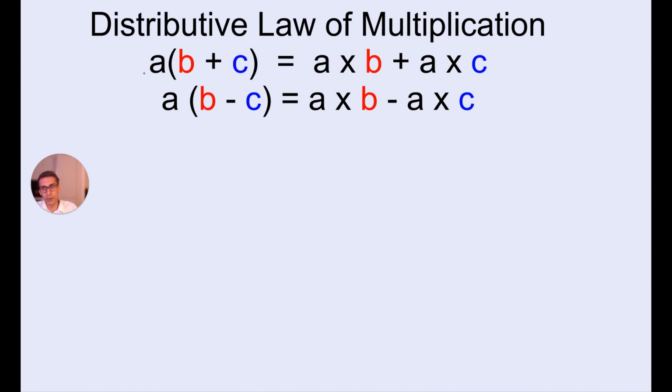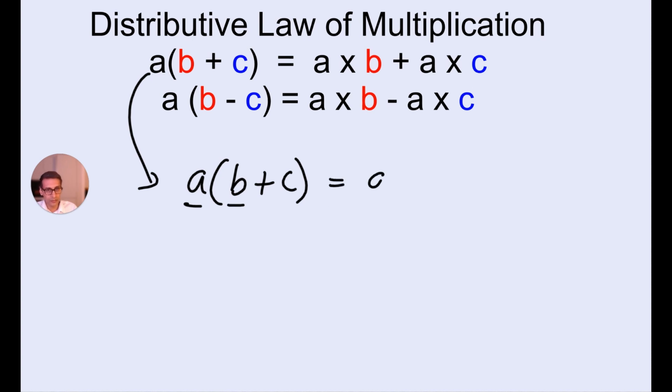And I'll give you an example here. a(b + c), as we can see there, is going to be a times b, and we can write that as ab, plus a times c, which is ac.